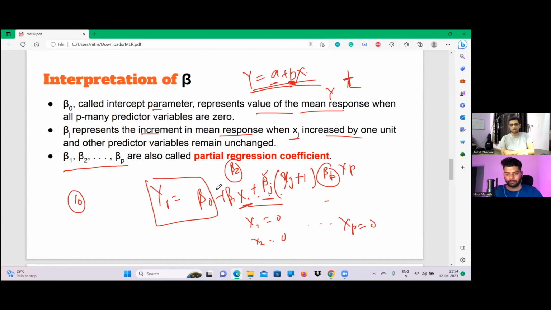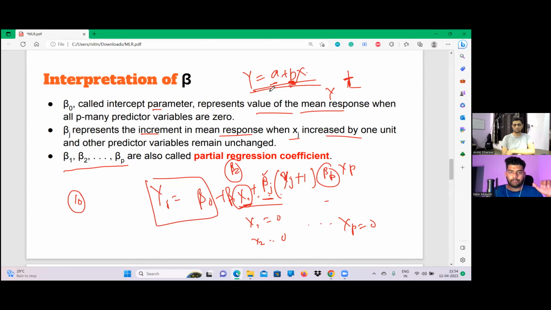So in terms of the overall plane, beta 1 is just contributing in the direction of x1. That is why it is also called a partial regression coefficient.